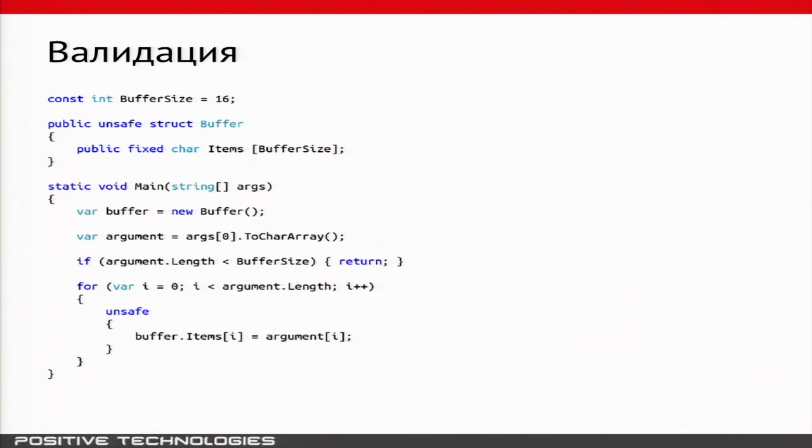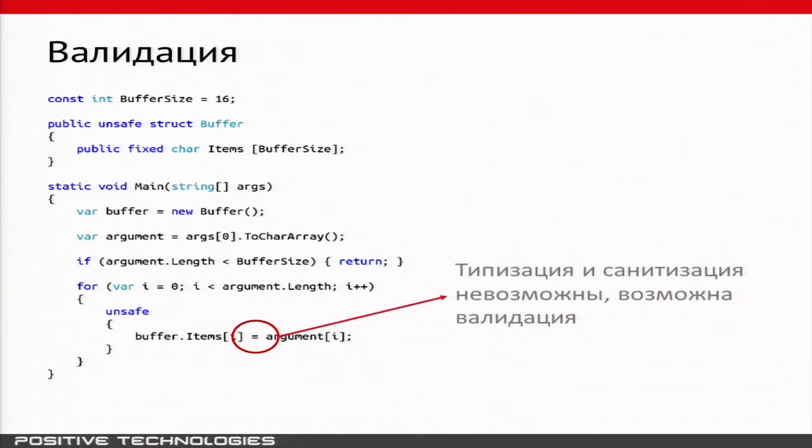You get the first argument of the command line, then you get the array, then you measure the size of the buffer and the length of the argument, and then there is a mistake by the developer. The sign should look the other way, and then the buffer is copied from the argument line. That's it. Since the check does not go properly, the buffer can overflow, and then it needs to be rebooted. So typifying or sanitizing is not possible, but validation is possible.